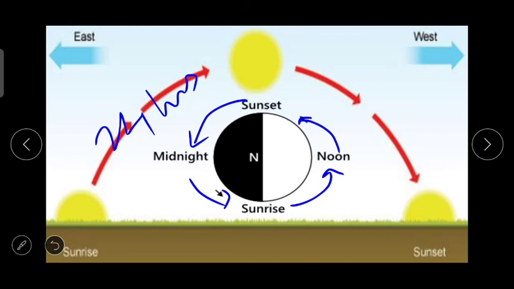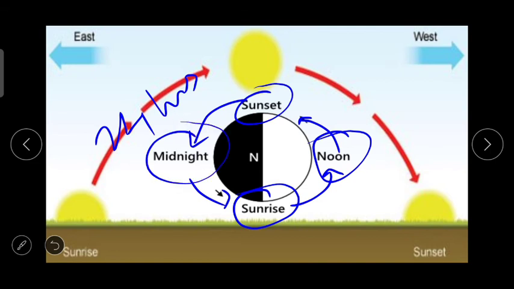We consider the direction where the sun rises to be the east, and as a result we experience sunrise. What we experience? Sunrise, then noon, then sunset and midnight. All these things because of the rotation of the earth, or the revolution of the earth, we can say.